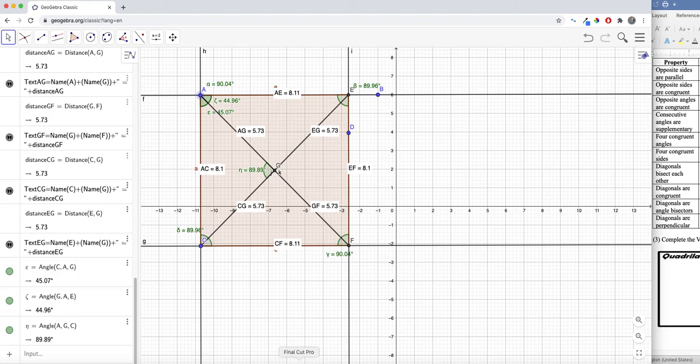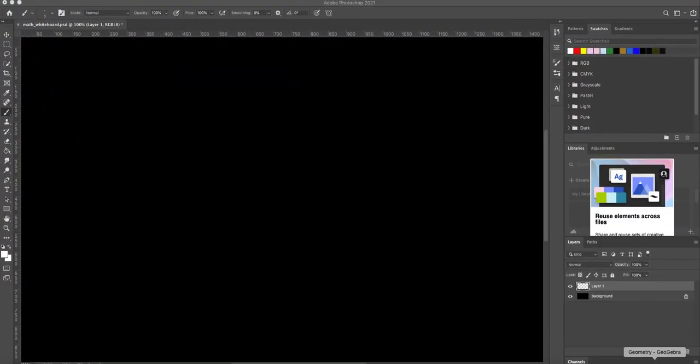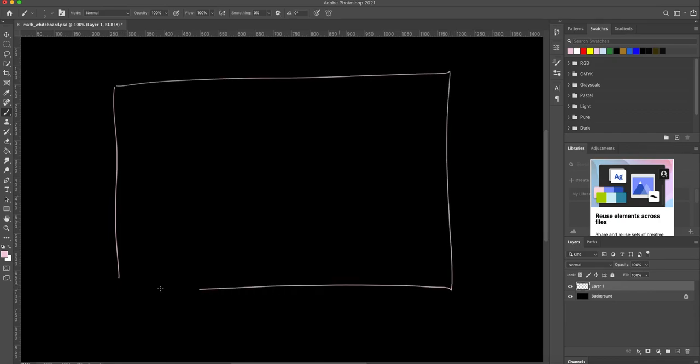And then I just want to show you one last thing. This should go pretty quick. We're going to create a Venn diagram of quadrilaterals. I ask you to do this on your assignment. Okay, so this is like the set of all quadrilaterals.